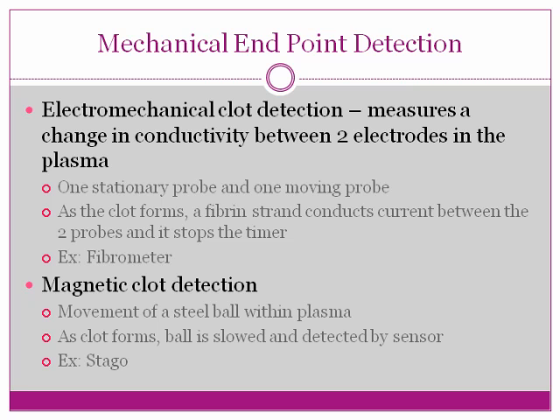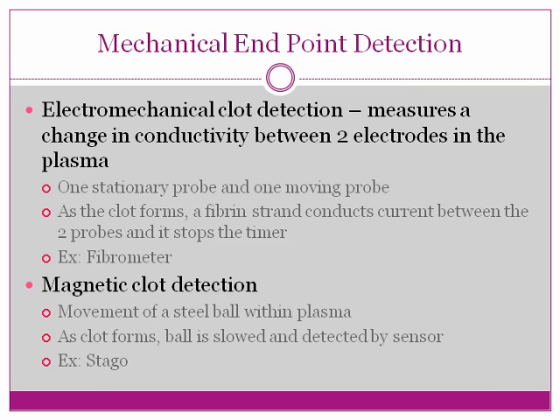A magnetic clot detection will have a steel ball that clicks back and forth in the bottom of the tube. As the ball slows down, we know that the clot is starting to form. A very common example of this machine would be the Stago brand. It's a very up-and-coming coag analyzer that a lot of sites are switching to. The nice thing with this one is that a hemolyzed sample can be used because it has nothing to do with the hemolyzed part.